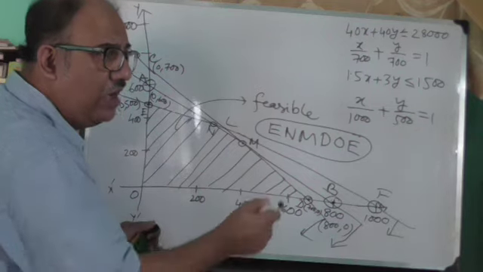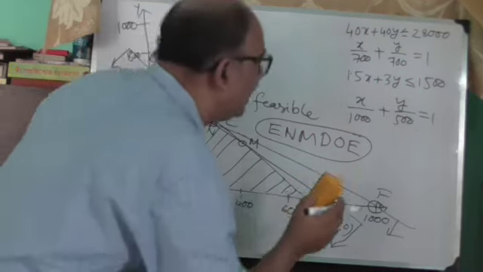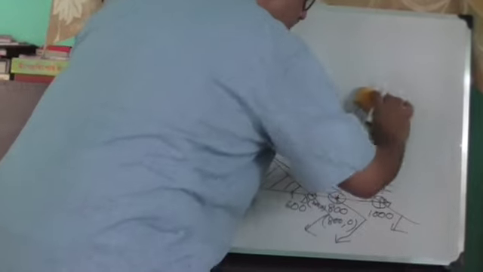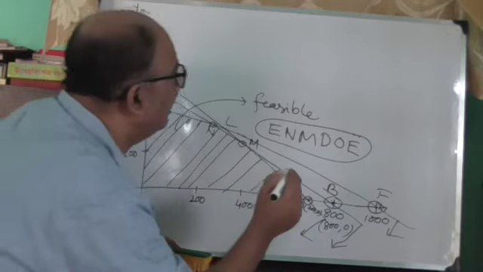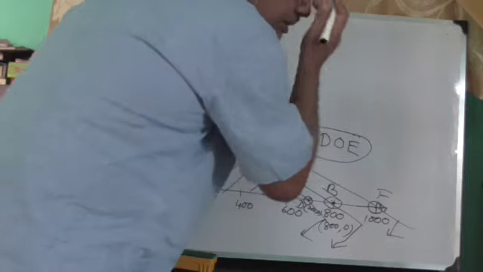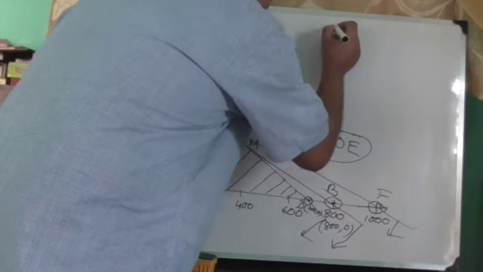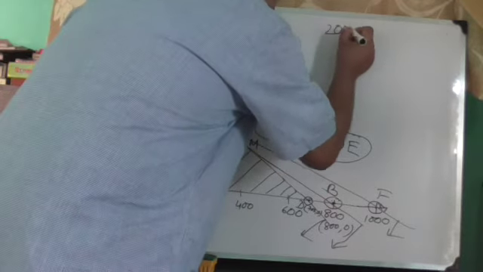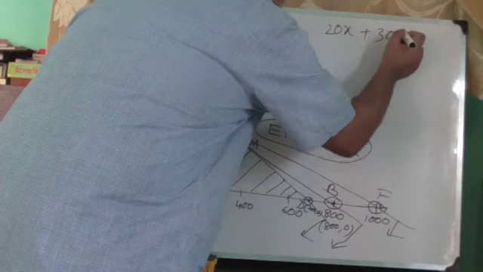So the final thing that needs to be done is to find the objective. So what is the objective? Now we will do something with our objective function. The objective function was 20x plus 30y.